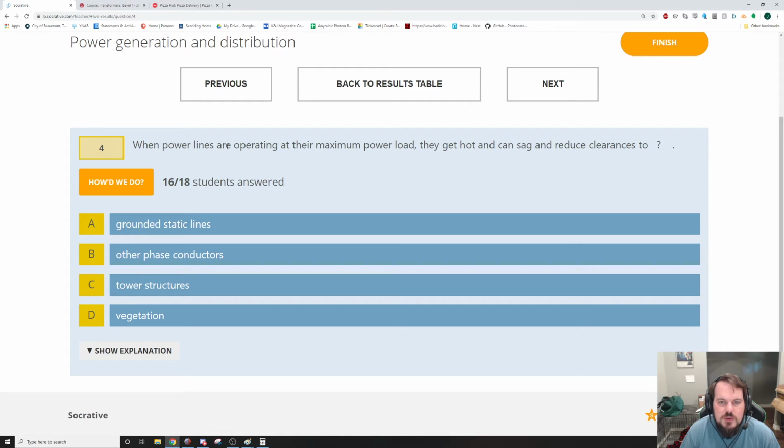When power lines are operating at their maximum power load, they can get hot and can sag and reduce clearances to vegetation. That actually has happened a number of times when they were first doing power lines. They didn't really have good backup systems, and a bunch of lines got too hot and shorted out and broke.